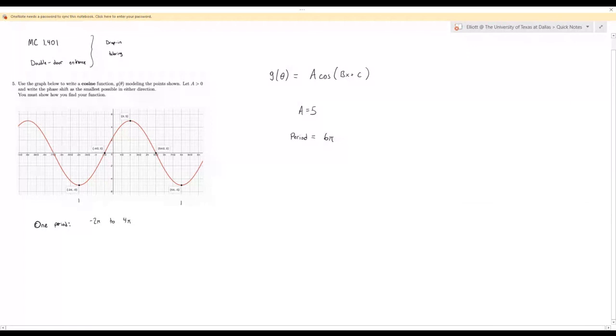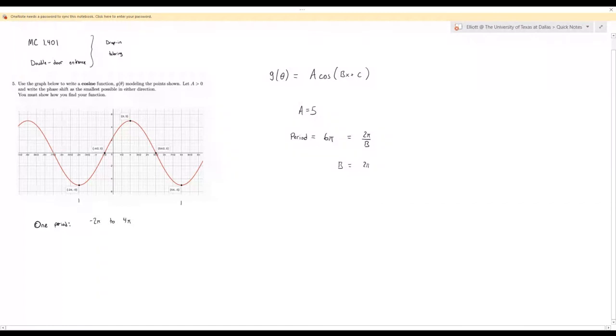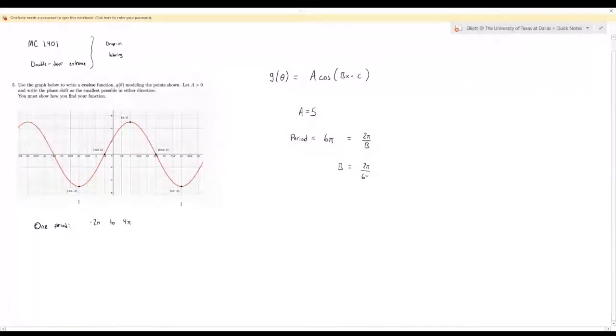Now, because the period is supposed to be equal to 2 pi over b, what I want to do is solve for b. So I'm going to multiply the b over to this side, and then divide by the 6 pi on the other side as well.